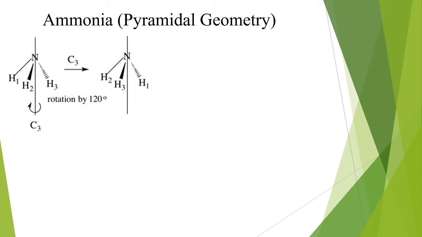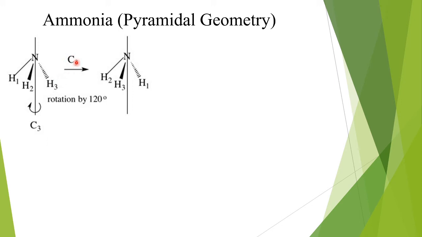So here, as you have already done, the ammonia molecule has a C3 rotation axis. Why do you call it a C3 rotation axis? Because on rotation through 360 degrees, ammonia shows us 3 similar appearances. That is why it's called the C3 axis.